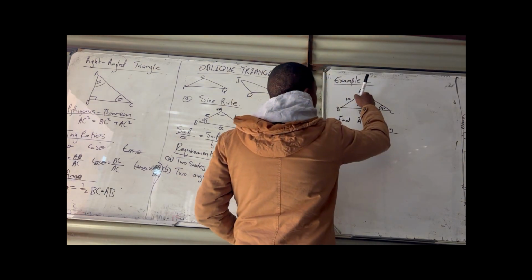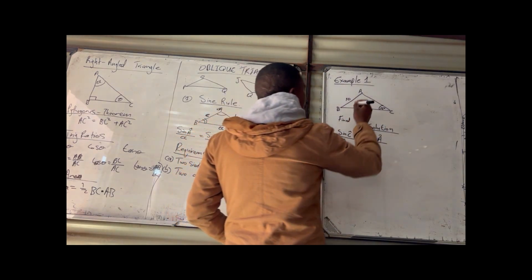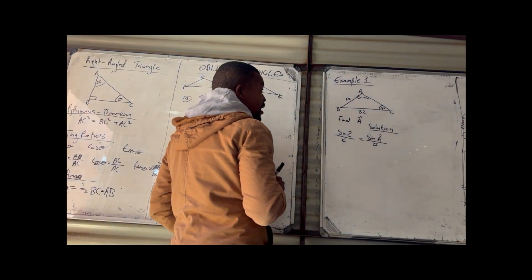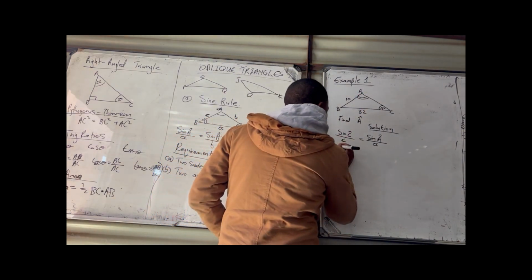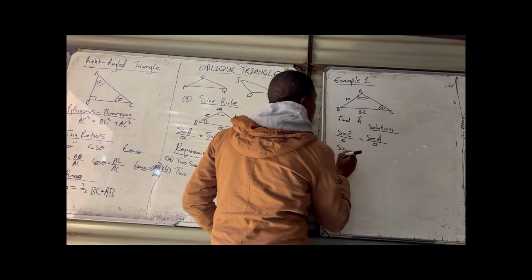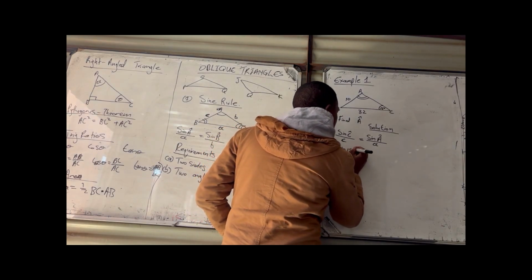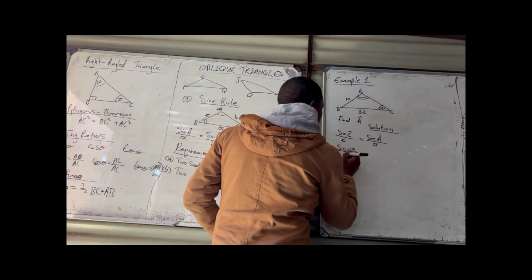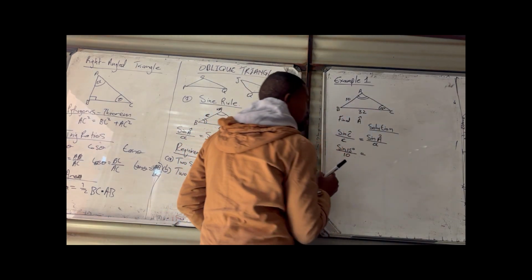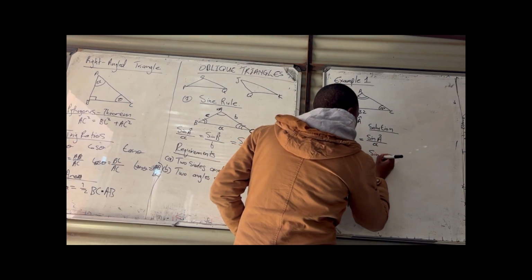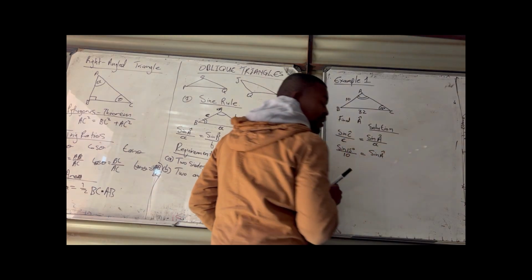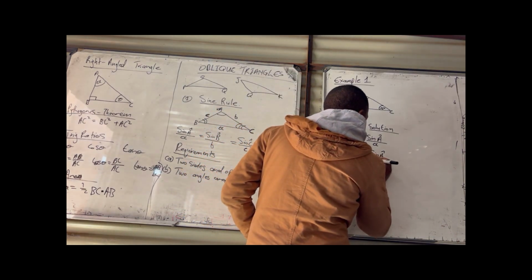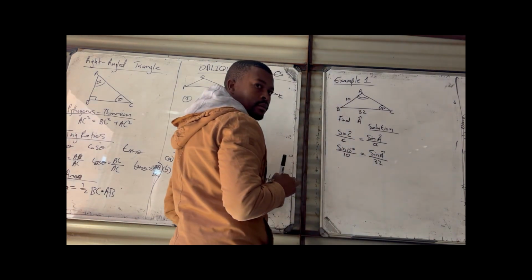Now we're looking for that angle A. So we have sine of 15 degrees over 10 is equal to sine of angle A over 32. We do the maths.